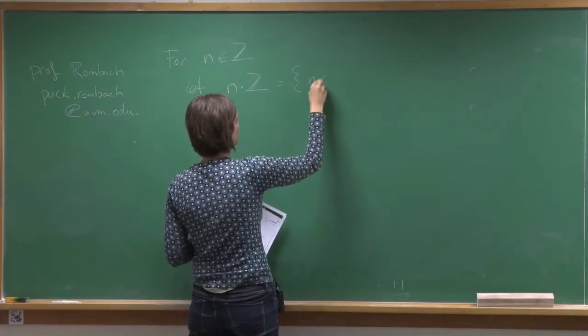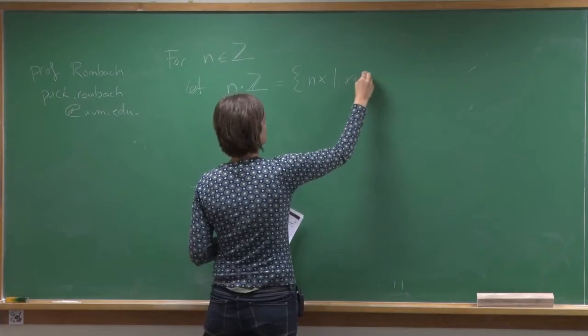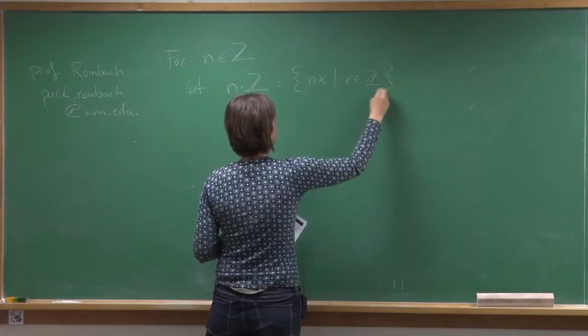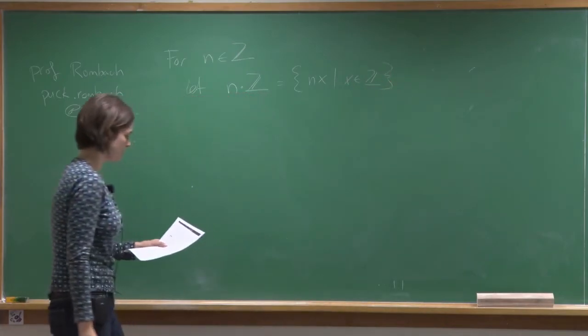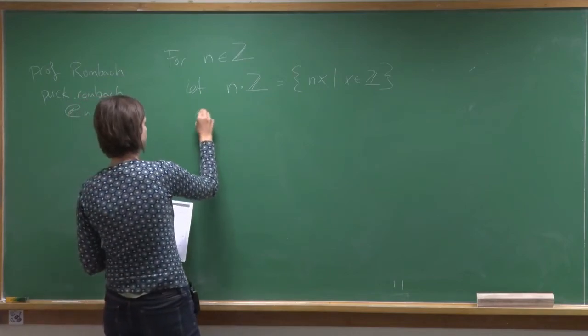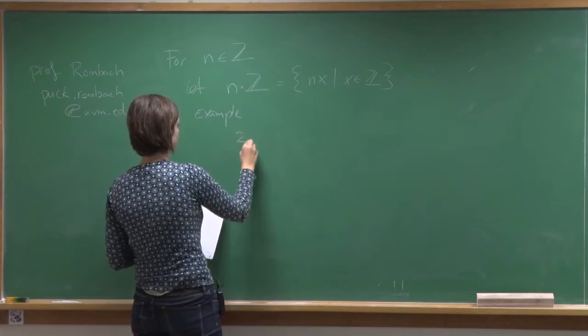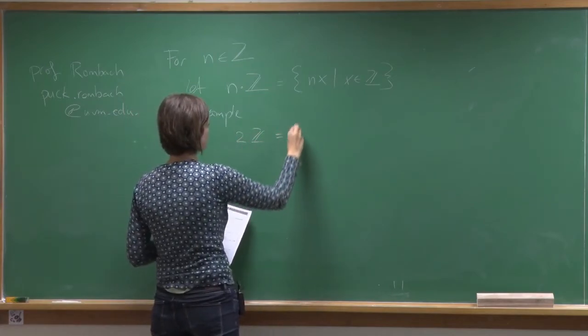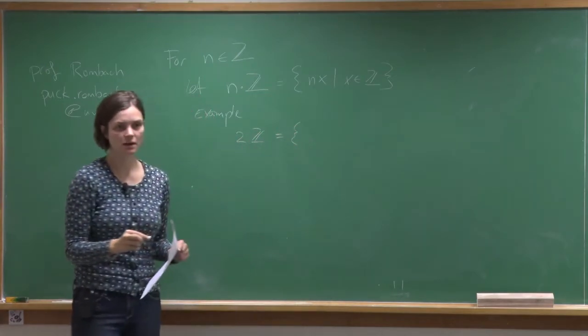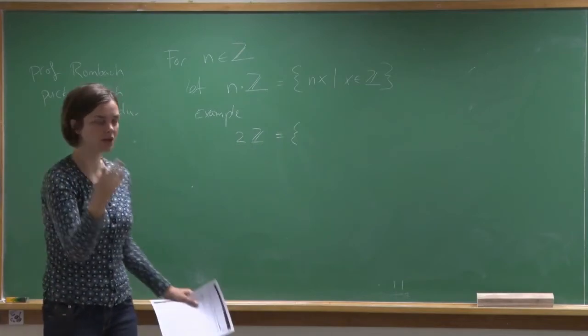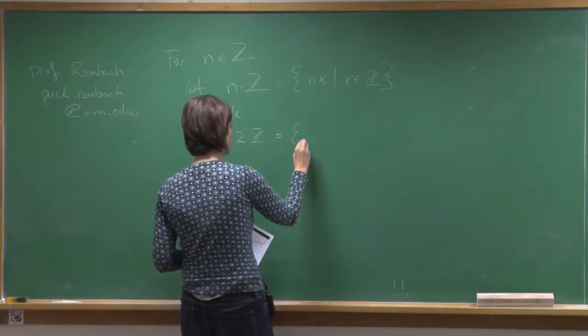So it's all the n times x such that x is an integer. So for example, 2 times the integers is, and this is what I was saying earlier, if we have a nice arithmetic progression, then we can write down our set like this.